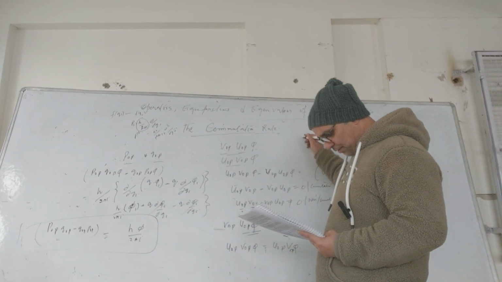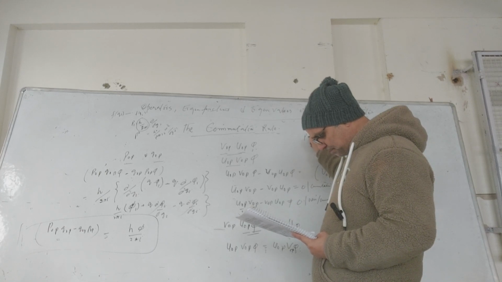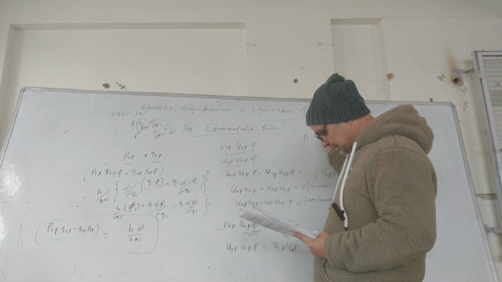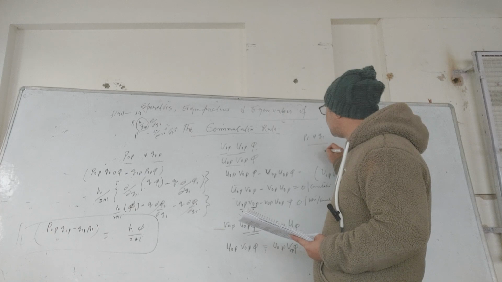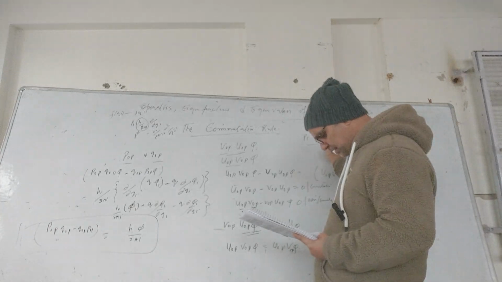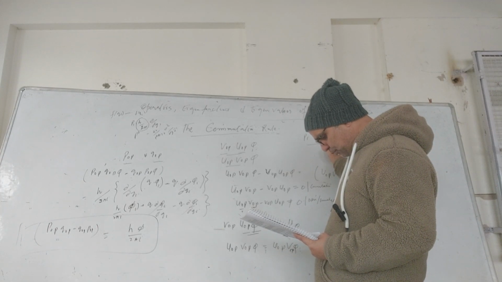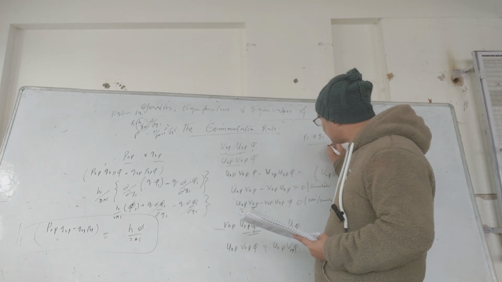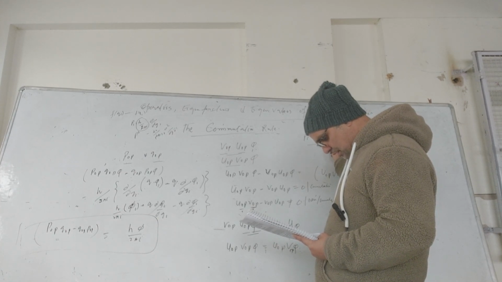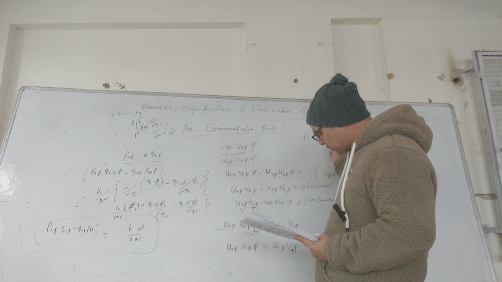For non-commuting operators, we can have canonically conjugate parameters, just like in classical mechanics. In the same way, Pi and Qi are canonically conjugate parameters. For them the operators do not commute; they are not commutative.